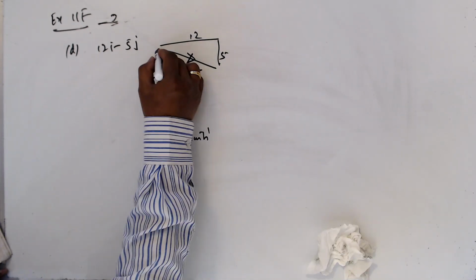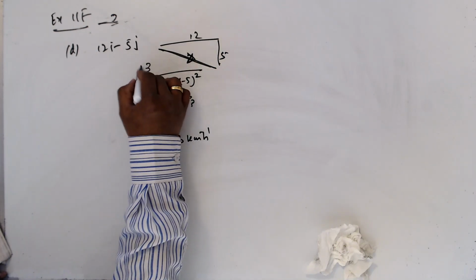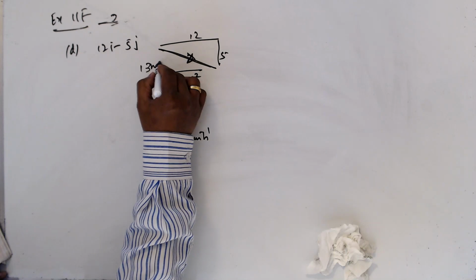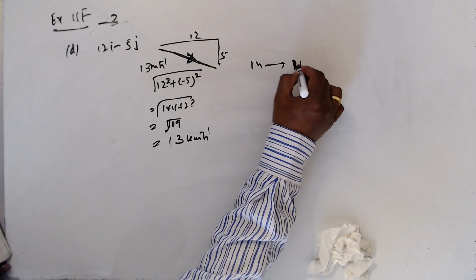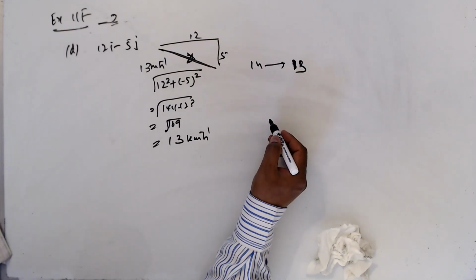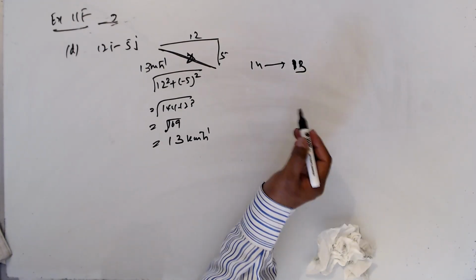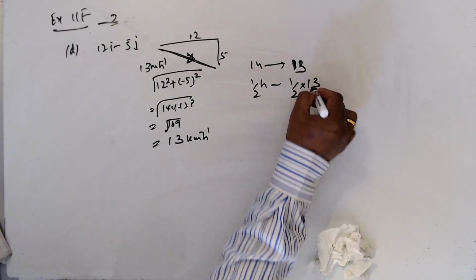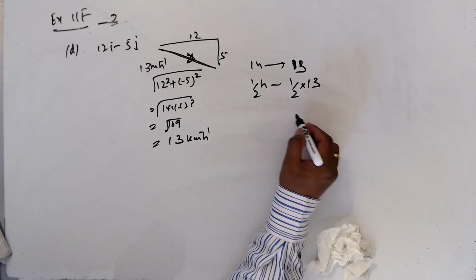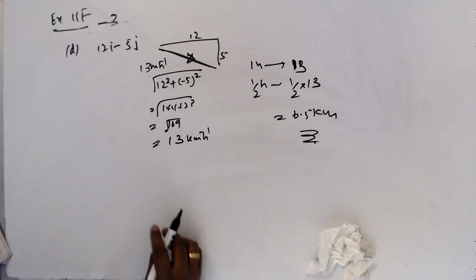So the person is moving 13 km per hour. For 30 minutes, being half an hour, half of 13 is going to be 6.5 kilometers.